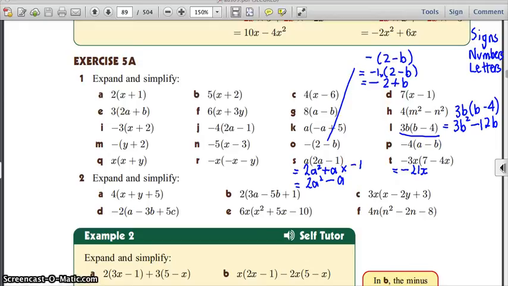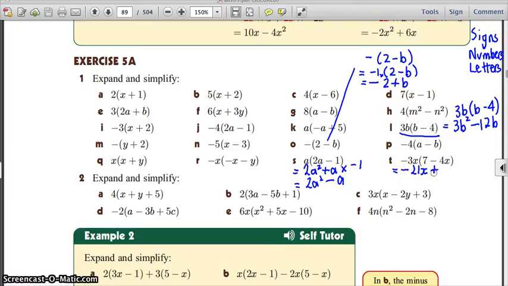Sean, the next one? Alex? Minus 3 times 4x. So minus 3x times minus 4x. Signs next. Minus times a minus.